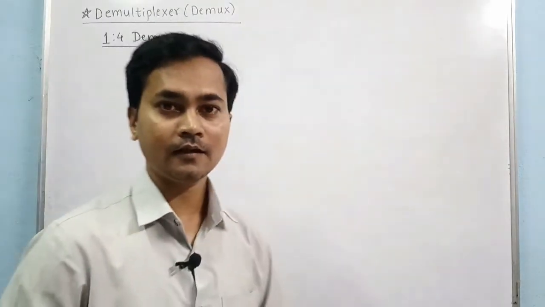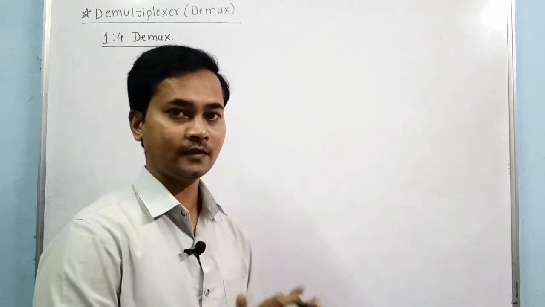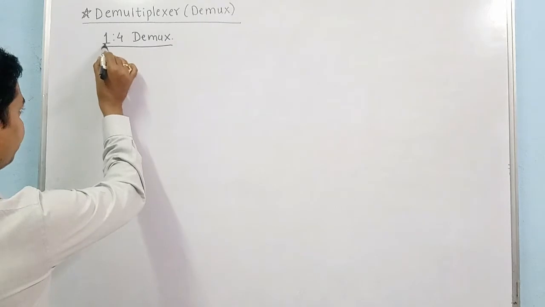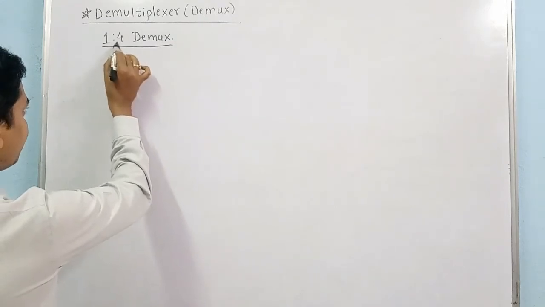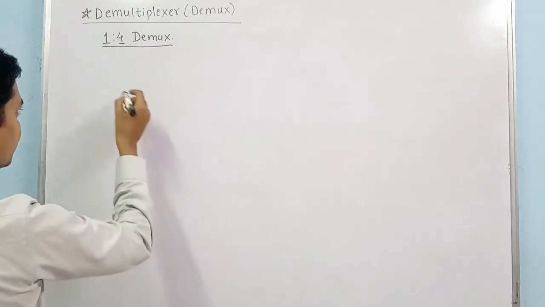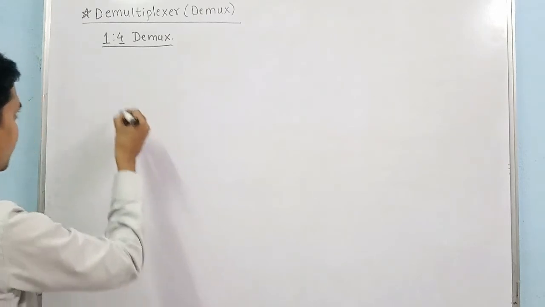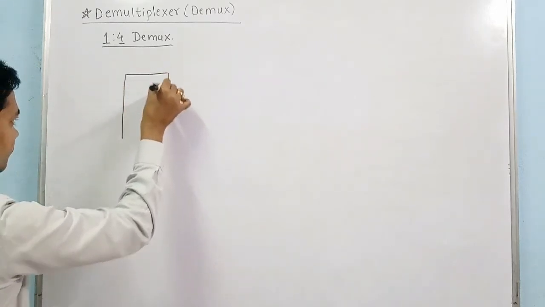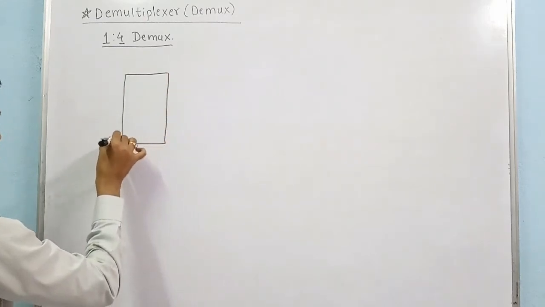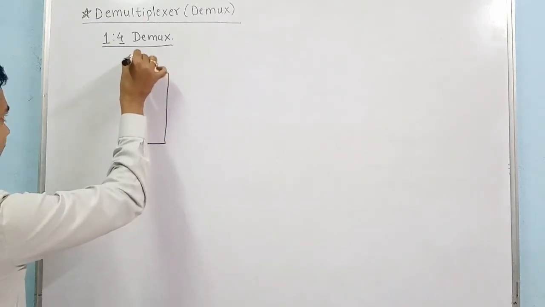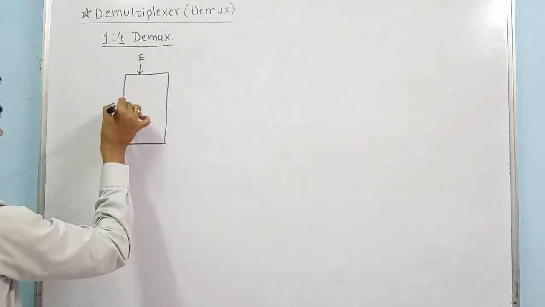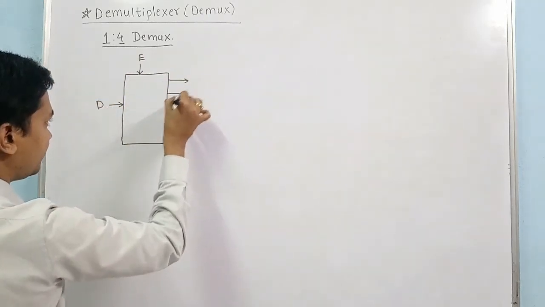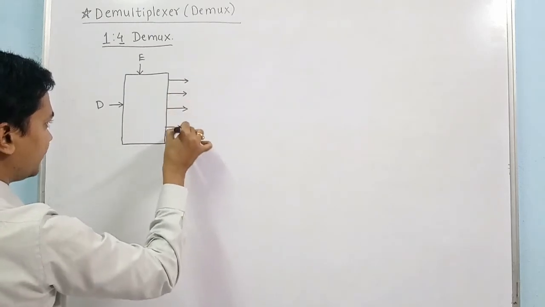Now we will see the 1:4 demultiplexer implementation. The 1:4 demux means the demux always has one input, and the 4 indicates the 4 outputs. First we will start with the symbol of the 1:4 demux. We have the enable line, then the D line, then Y0, Y1, Y2 and Y3.